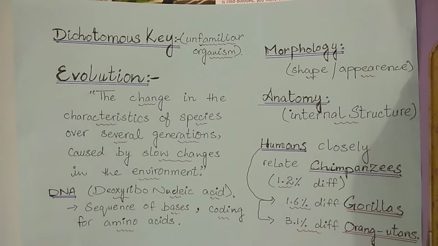We identify what kind of characteristics they have, familiar or unfamiliar. This is an easy method for us to make the classes of organisms, right?